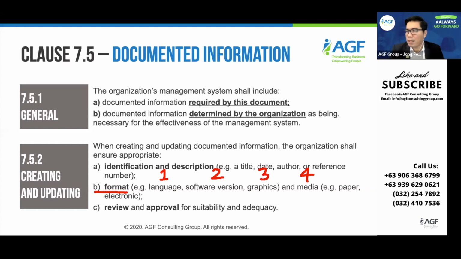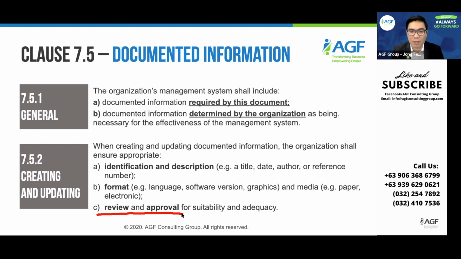And then next, of course, would be the review and approval for suitability and adequacy. Do not forget that your documents, whether it's a quality manual or a procedure manual, have to have at least a review and approval matrix at the bottom of the document. Well, it doesn't have to be at the bottom though, it may be in a totally separate page, or it can be the front page for all I care.